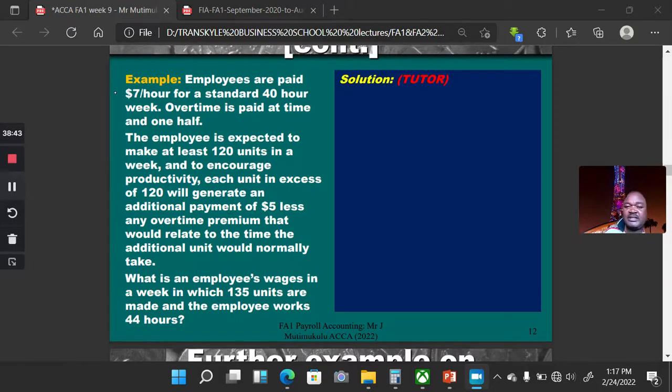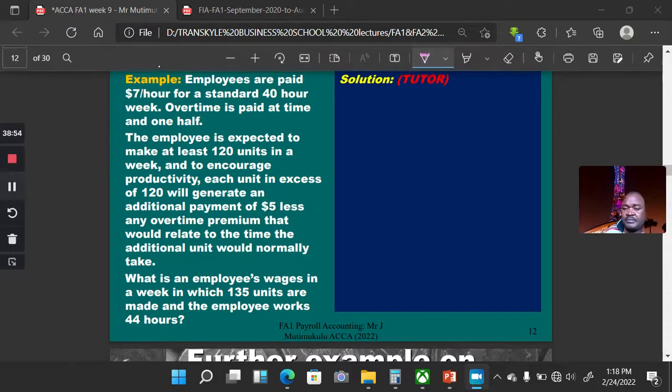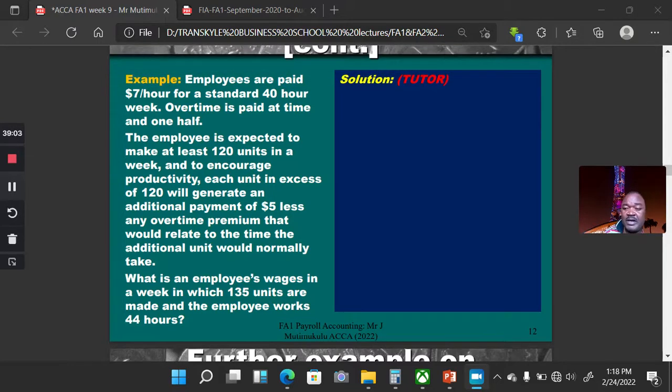Okay, let us determine the amount of time which could be taken to produce 1 unit. Okay, that is time per unit.